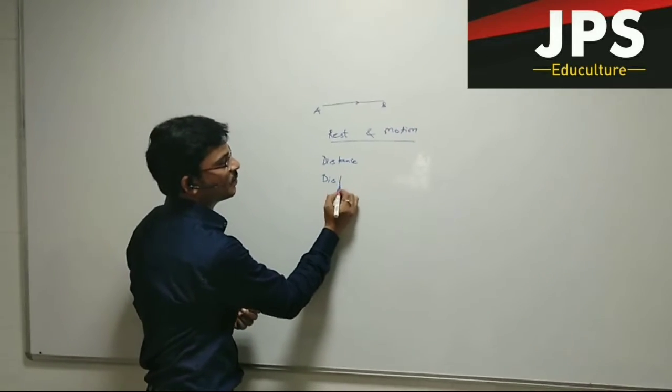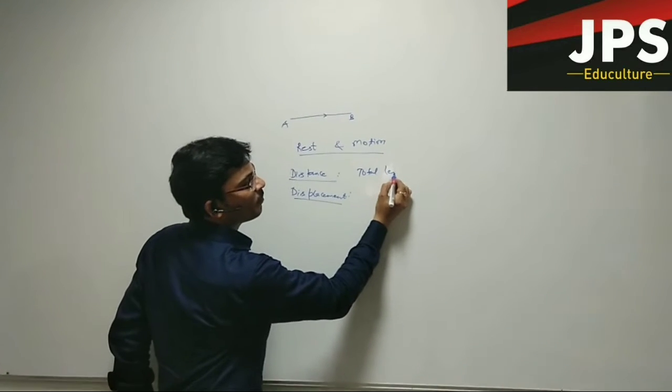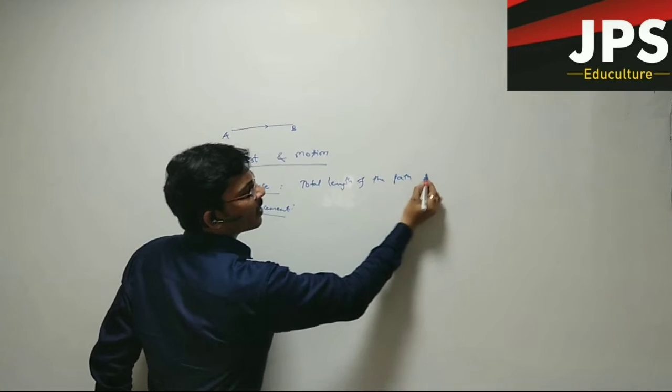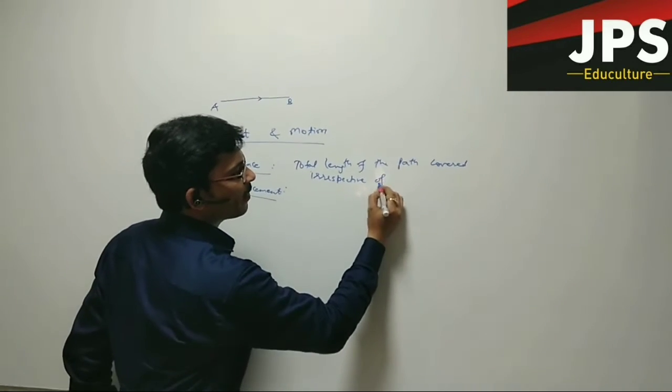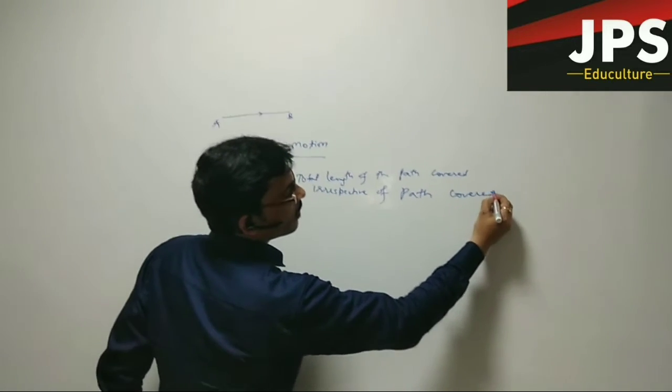Distance and displacement. Distance is basically the total length of the path covered, irrespective of the path covered.